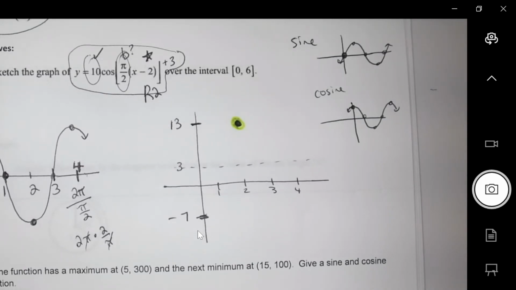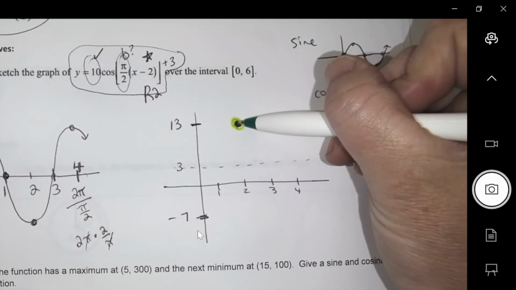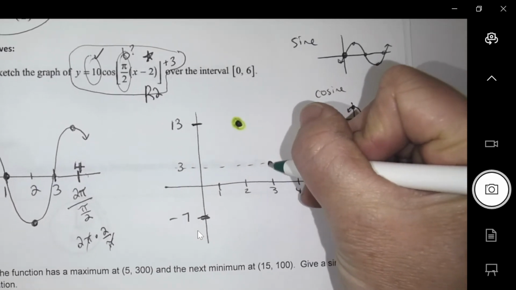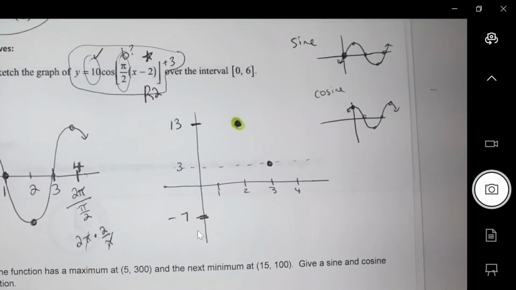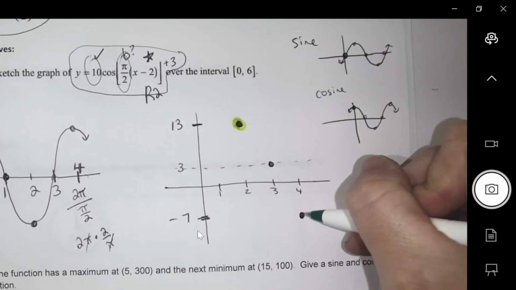I'm just going to take that one point, and then I'm just going to do the pattern now. I'm not going to take every point individually. Where should I go from the top? Where's my next? The middle. So at 3, I'm hitting the middle. When you get to 4, you should be on a bottom.